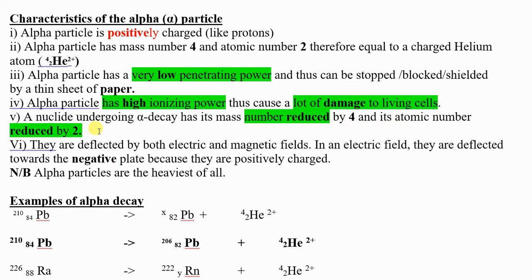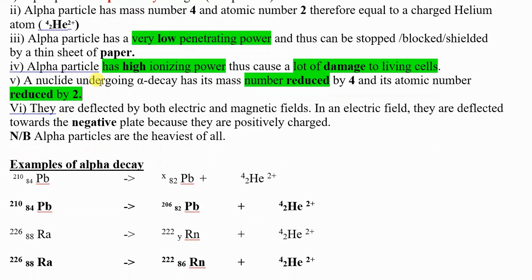Very important. Now you see the reason why you need to understand the atomic number and the mass number. When you are given an isotope, you should know that the number on top is the mass number. The one below is the atomic number. If you don't understand that, you will not be able to manage these things.